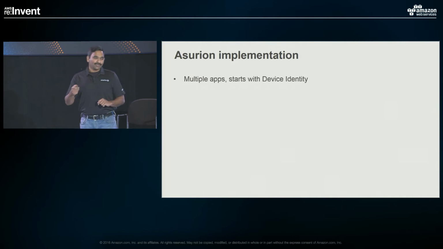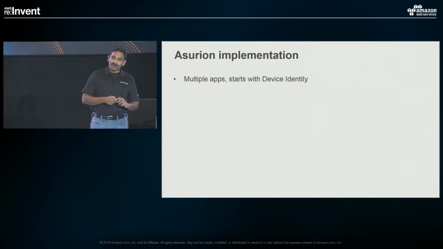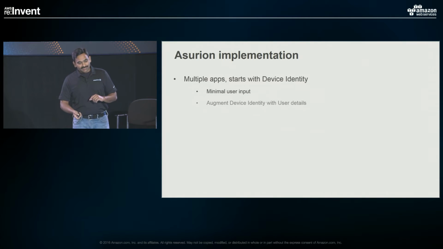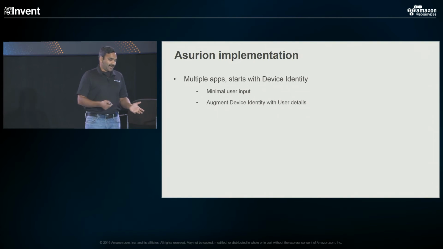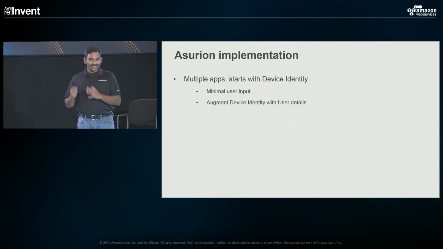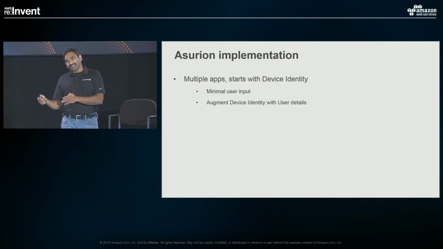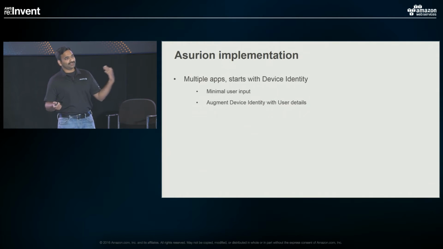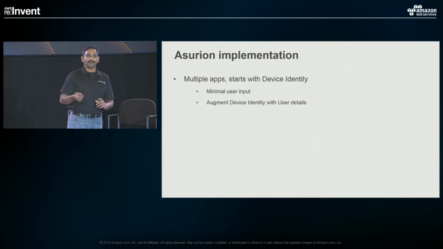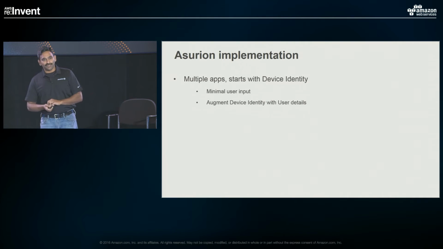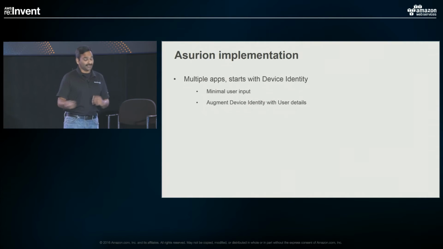That one doesn't have user context as much, but it's more about device identity. And the other apps that we have need user context. So we needed an implementation which could span across both, start with device identity and then augment it with user identity when the user deploys the secondary apps on it.